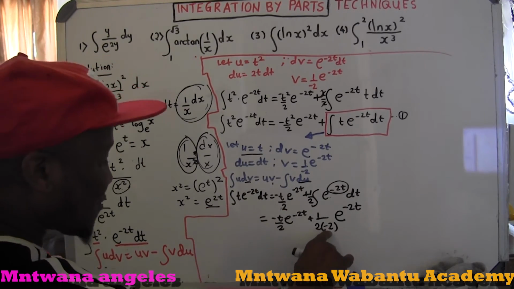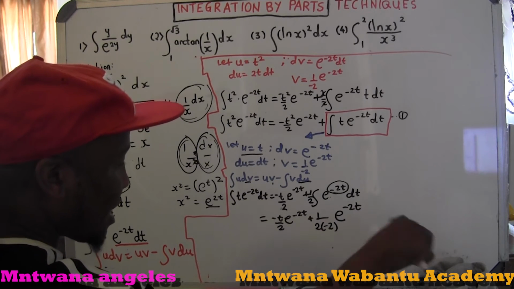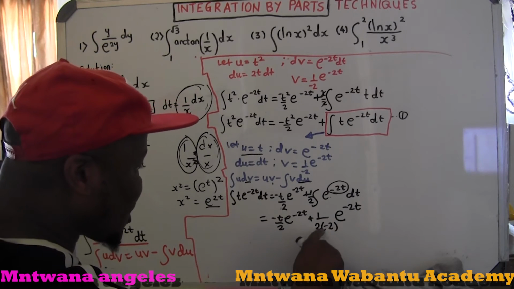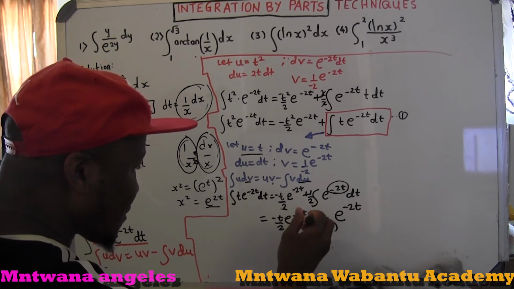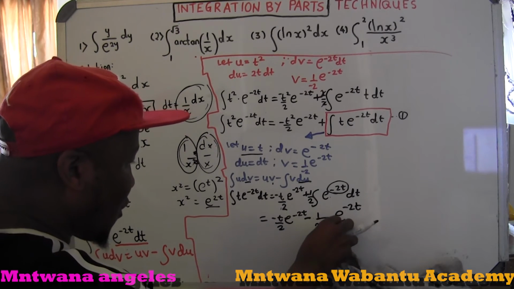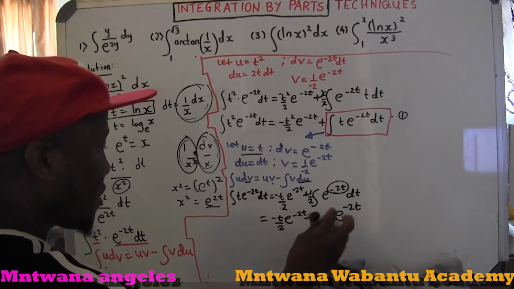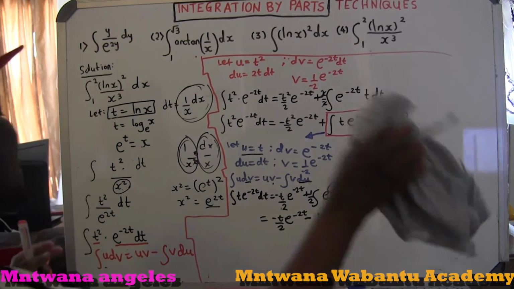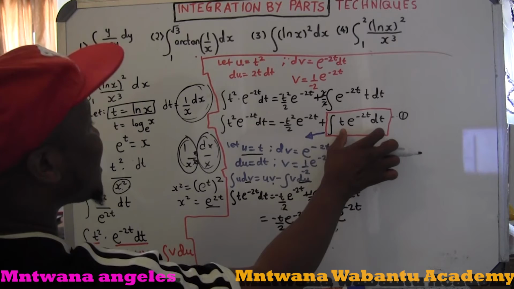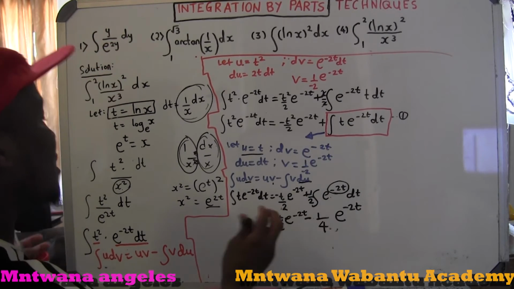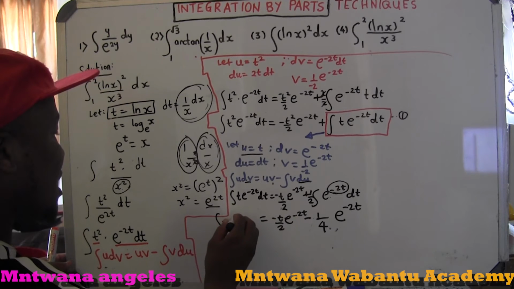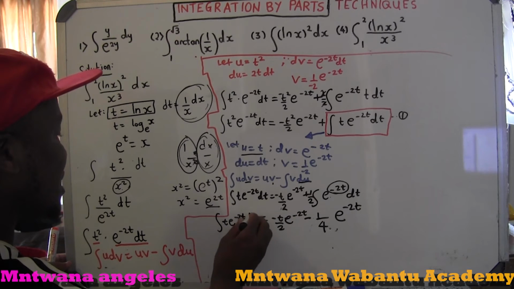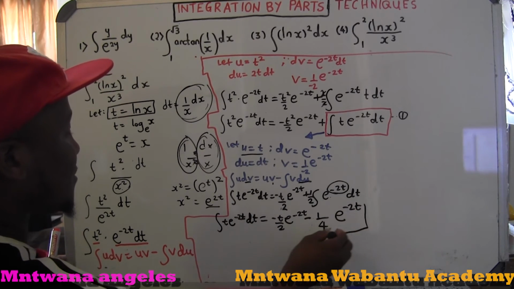So 2 times negative 2 is going to be negative 4. So all this stuff here equal to that. So when you integrate t e^(-2t) dt, this is what you get.